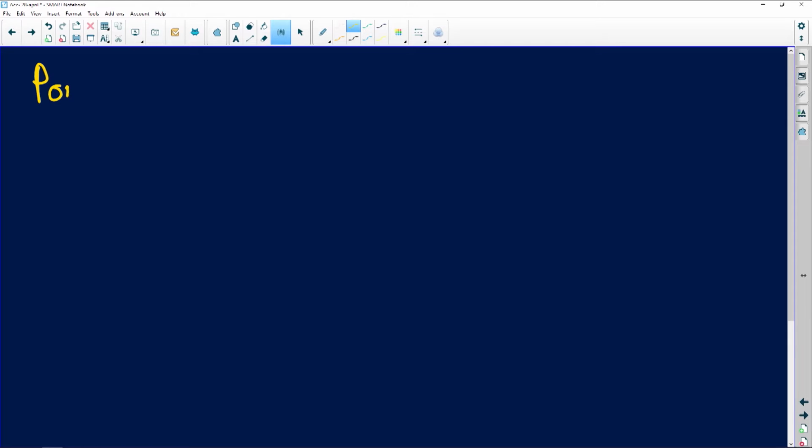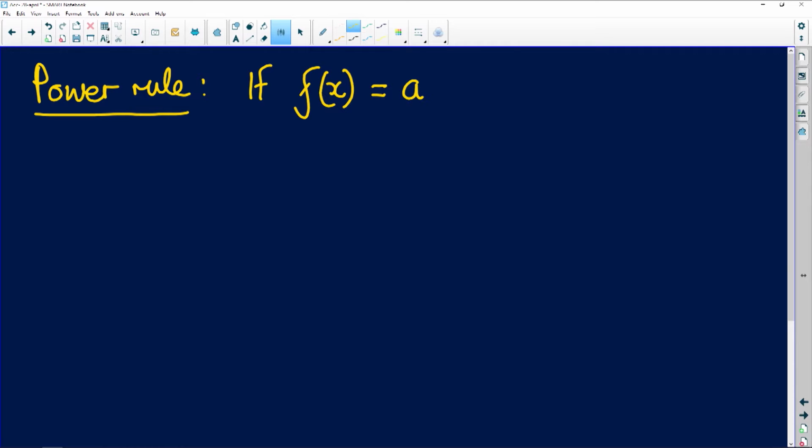Let's have a look. The rule that I'm going to talk about is referred to as the power rule for derivatives. It says if you have a function f of x, that function has a coefficient in front of an x, so it's something multiplied by x, and there could possibly be a power over the x.